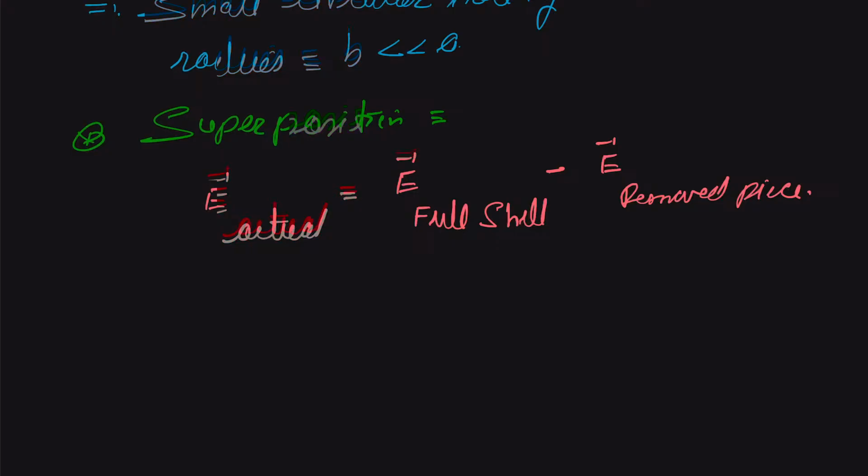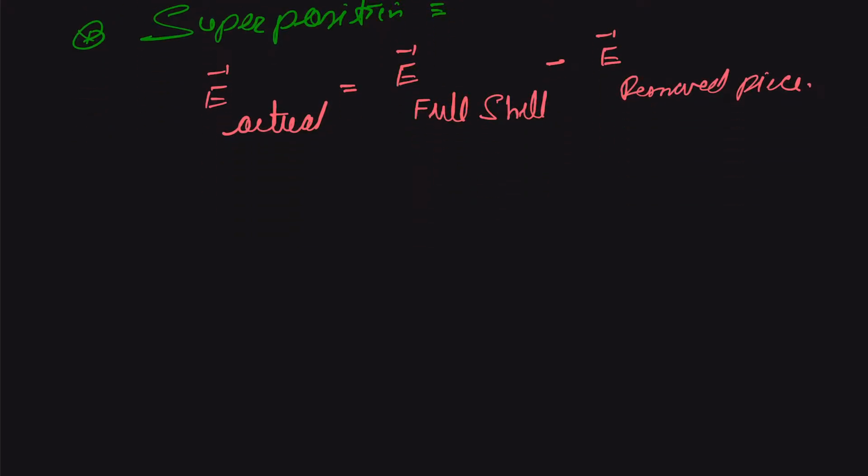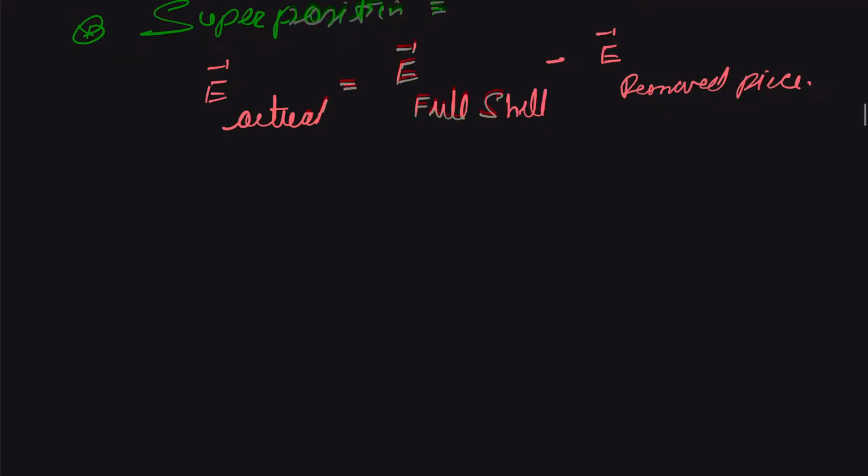We always apply this one in the shorter version, and we know that for a uniform charged spherical shell, the electric field inside that shell is always equal to 0.